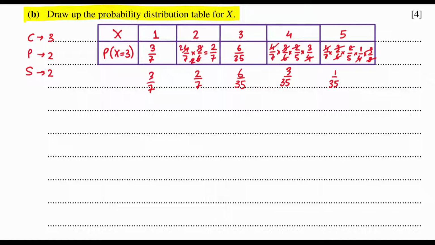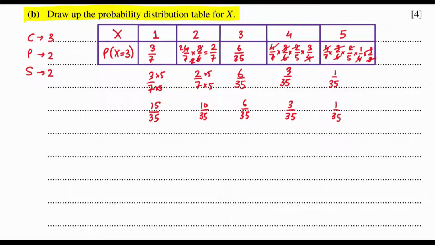So for that we have to multiply by 5 here, so we got 15 over 35, this is 10 over 35, this is 6 over 35, this is 3 over 35, it is 1 over 35.